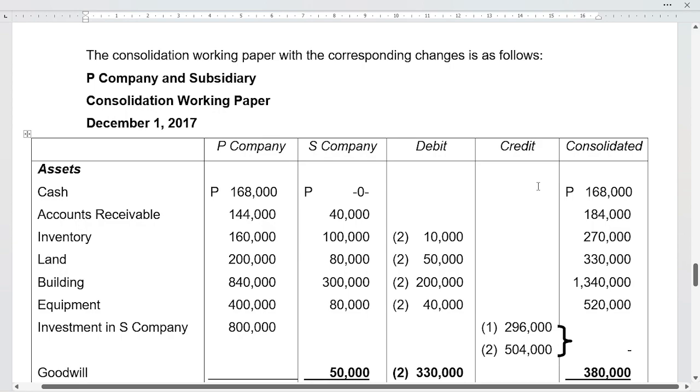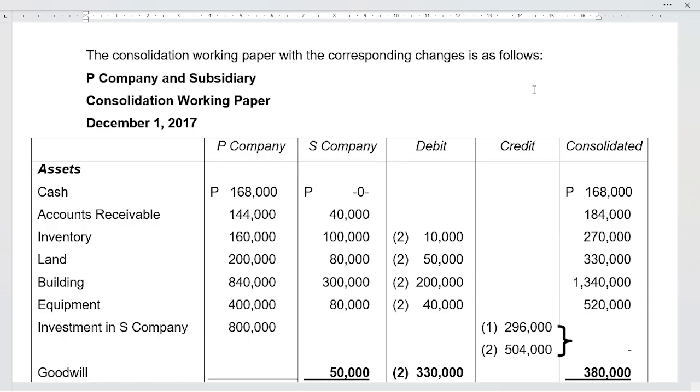Next is the consolidation working paper with the corresponding changes, as follows. For the assets, cash has 168,000 pesos for P Company and zero for S Company. Accounts receivable has 144,000 for P Company and 40,000 for S Company.